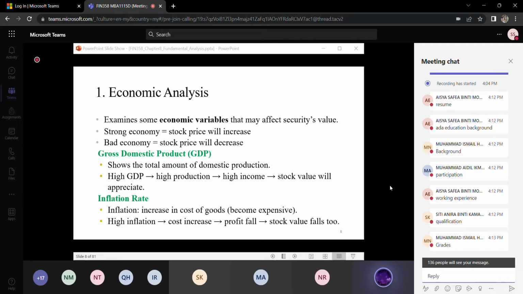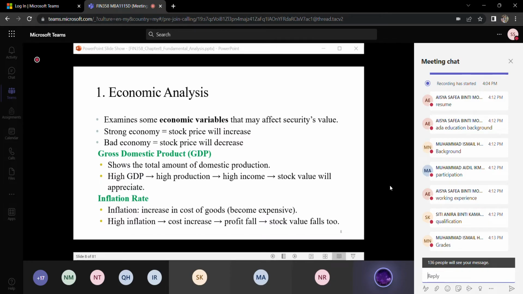So benda lain, contoh, what you write lah. Contoh, you tulis kat sini, working experience, okay? Apa lagi selain working experience? Your position. Dia akan tengok your curriculum. Adakah you pernah pegang jawatan sebagai presiden, sebagai setiausaha, sebagai treasurer.